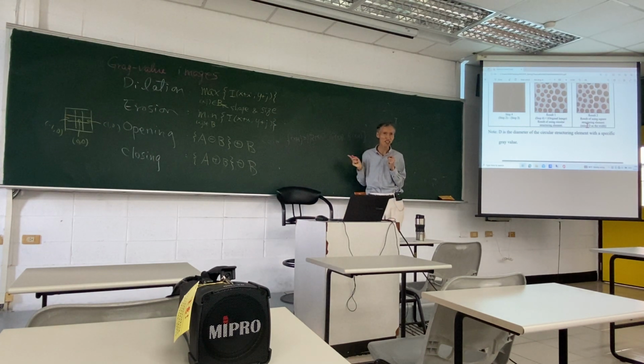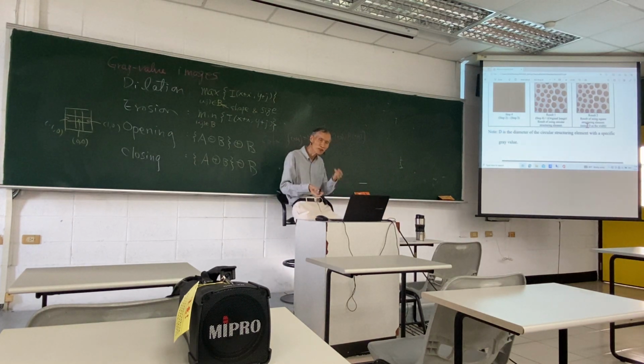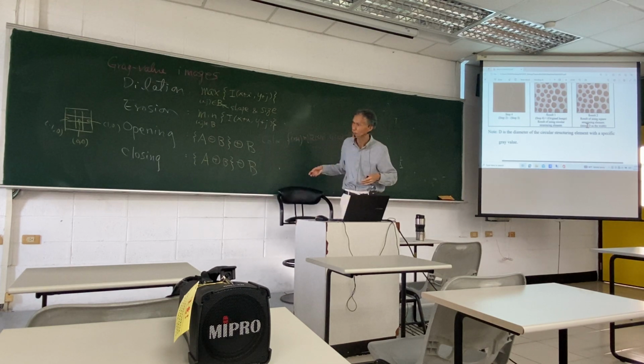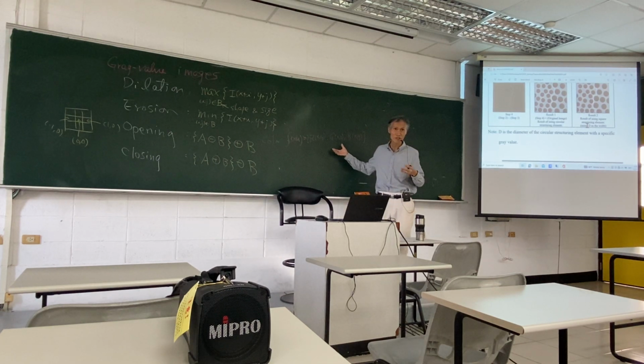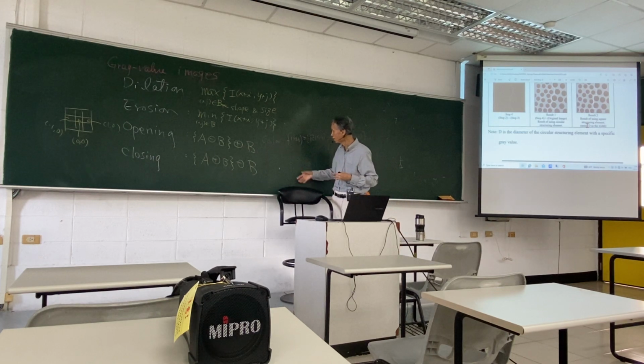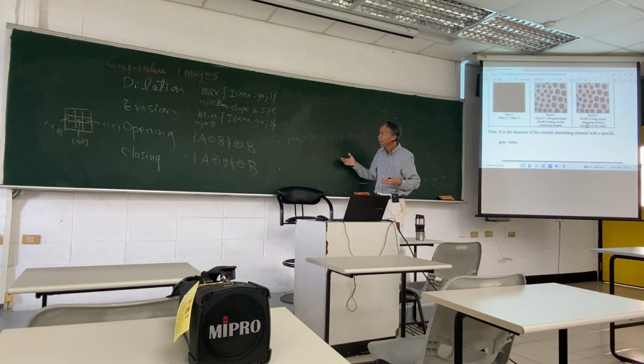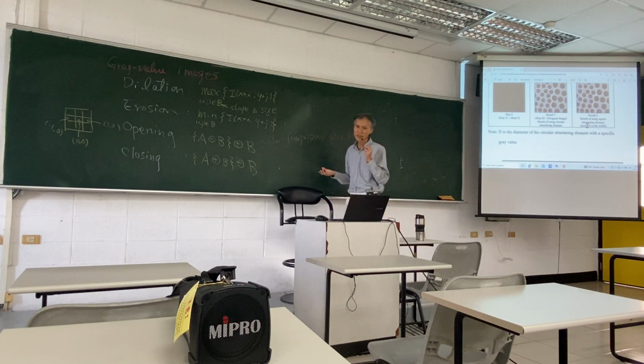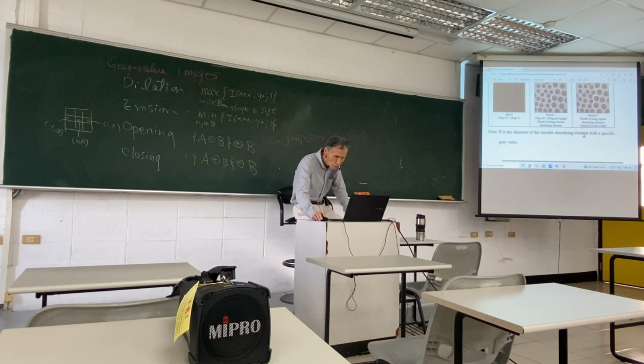How to find the maximum of a color image in a local area? It's almost not possible to define. You know what I'm saying? If you are interested, you can look for papers that talk about how to extend morphology to color images, but even defining the maximum value in a neighborhood is a problem.